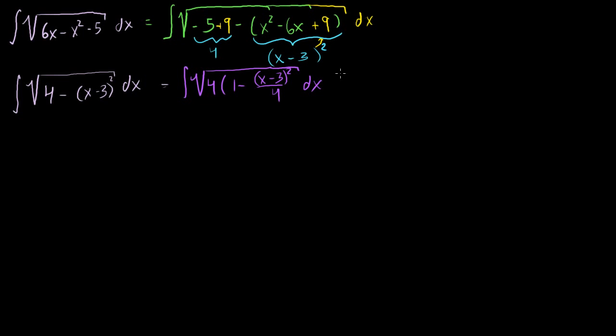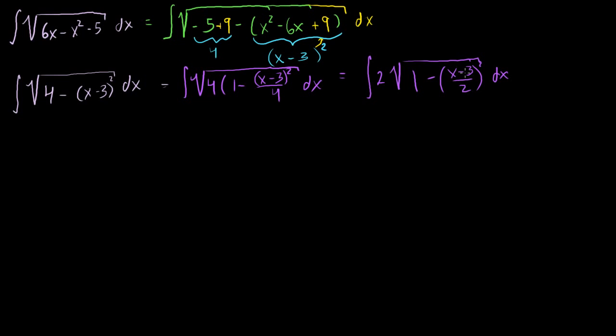Let me simplify it even more. If I take the 4 out, it becomes 2 times the square root of 1 minus, and I can rewrite this as x minus 3 over 2 squared dx. And where did I get that 2 from?